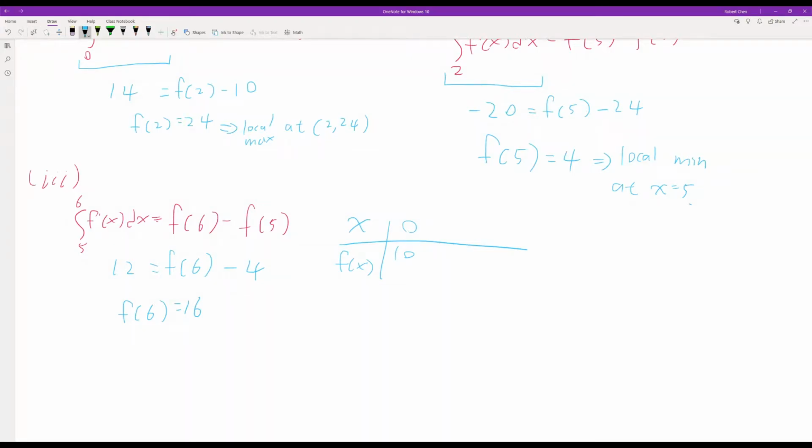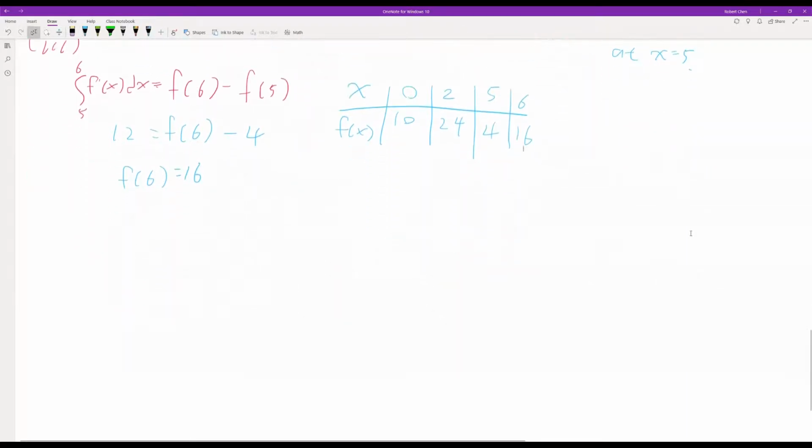That's given to us. And then from part 1, we found that f of 2 is equal to 24. f of 5 from part 2 is equal to 4. And the last one from part 3, f of 6 is equal to 16. All right, and let's go ahead and try to plot these 4 points together on the same plane.